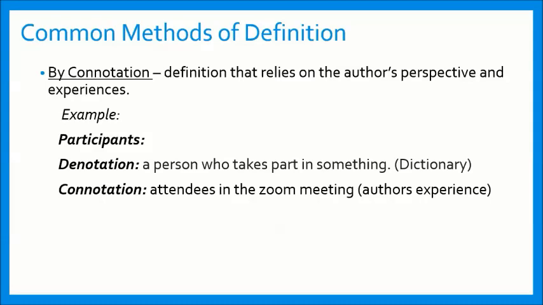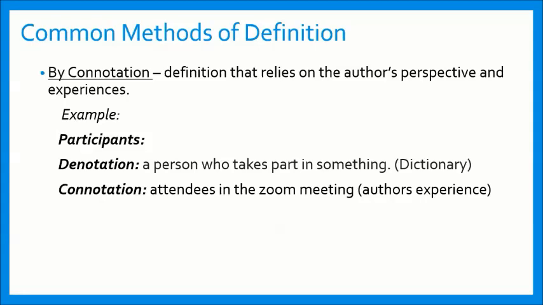Sometimes we also define terms according to their use in our paper. So for instance, in writing a research, we have the so-called technical term or technical definition, the operational definition. The operational definition is how you were able to use that term in that research paper. So an example is the word participants.